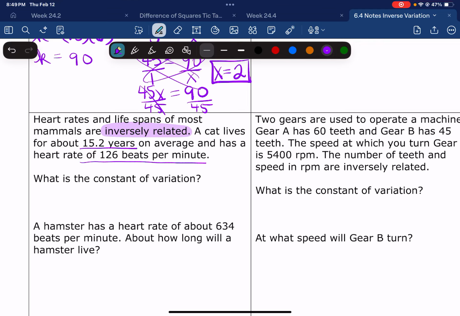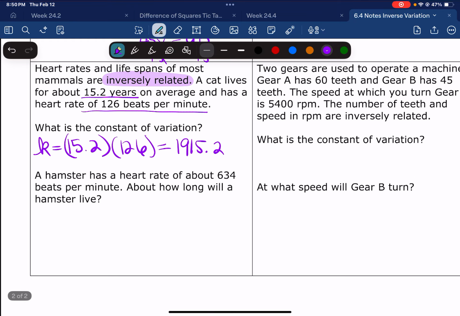So let's find our K value. Our K value is just 15.2 times 126. So use your calculator, use Desmos. 15.2 times 126 gives us 1915.2. All right, that's our K value.